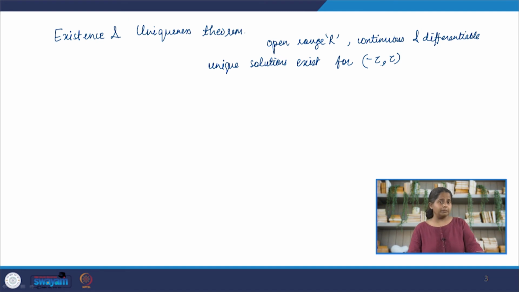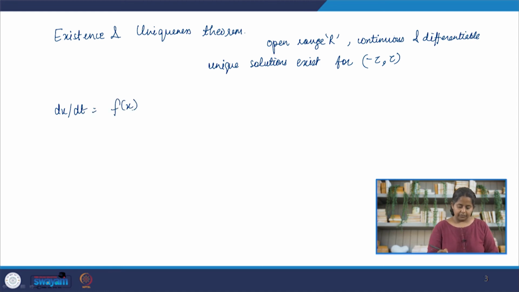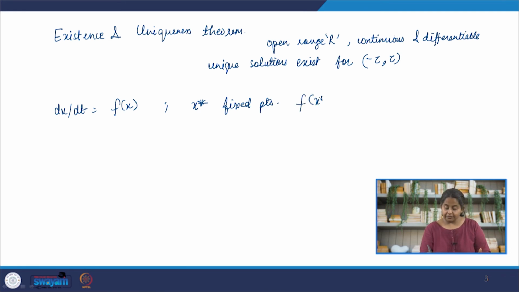So the approach that people would use in the quantitative approach was first linearizing your system because they were much easier to solve. So let's say we have a system where dx by dt is equal to f(x). And let's say this is one of the fixed points, which means f(x*), x star, is equal to 0.